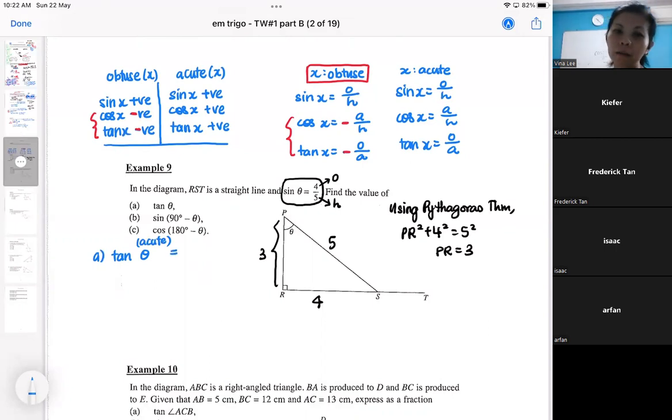So it falls under the O over A. It directly falls under the O over A. So this is the O and this is the A. That's it, that's the answer. So tangent theta is just 4 over 3. So the ratio is 4 over 3.